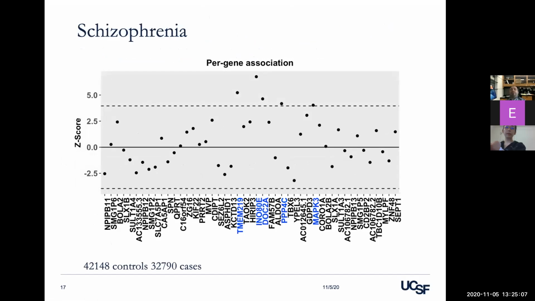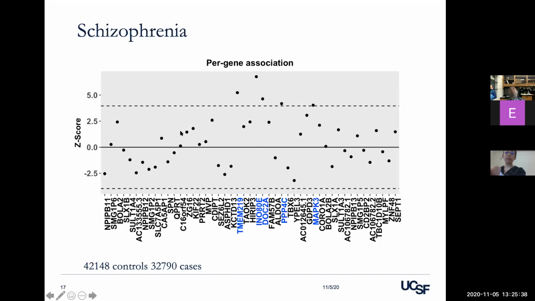However, what we did find was in schizophrenia on chromosome 16, there were actually a few different hits. I apologize, the slide is a little bit outdated, but in general, we have several hits, with the top one being INO-ADE, and then a few other genes.